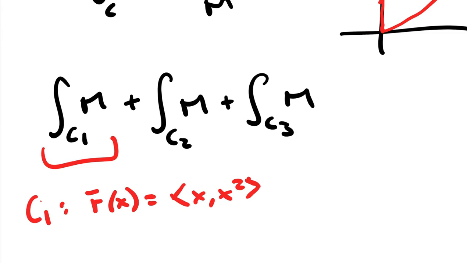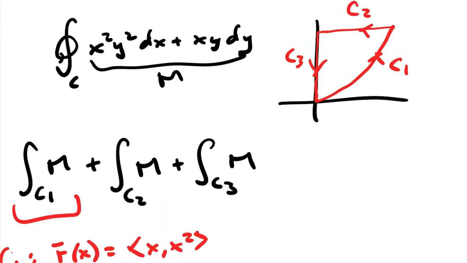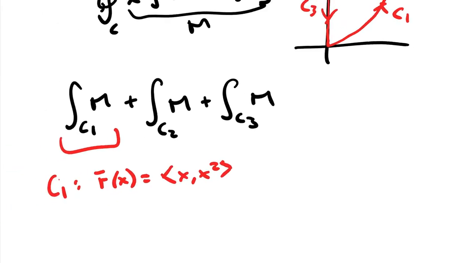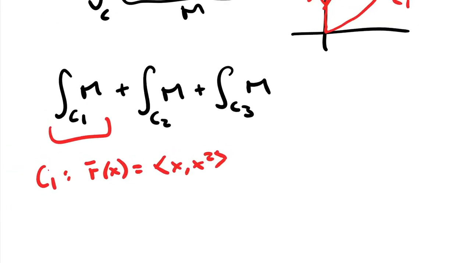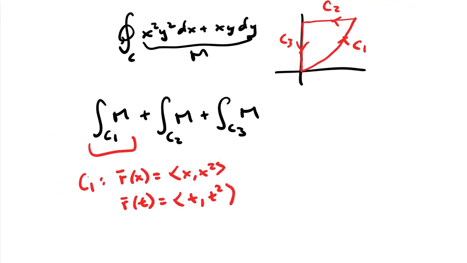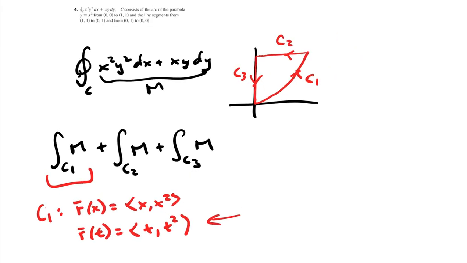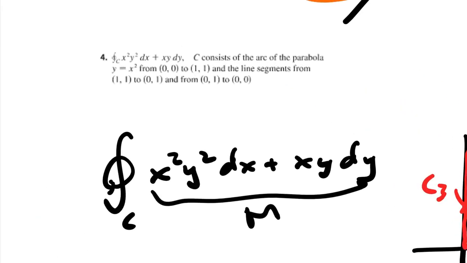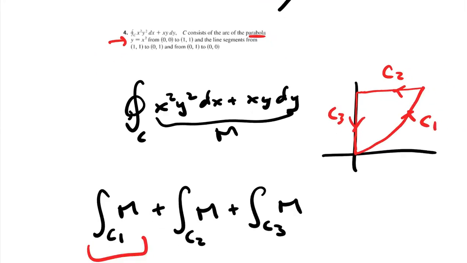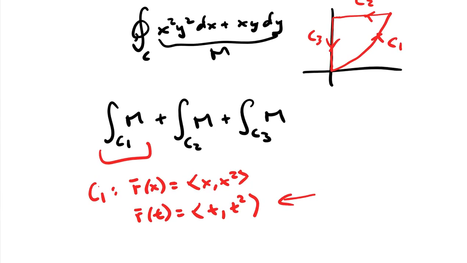Or what you can do, which might be even easier, is r of t equals t and then t squared. I want to keep this consistent along the whole curve, so I'll use this parameterization. Remember, this was the parabola y equals x squared. So x is t, and then y is going to be t squared.